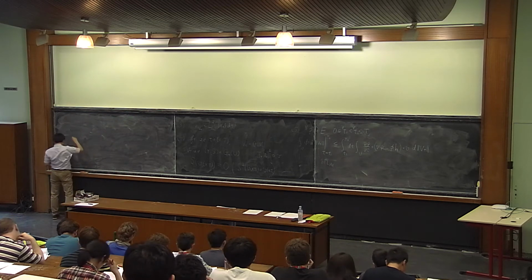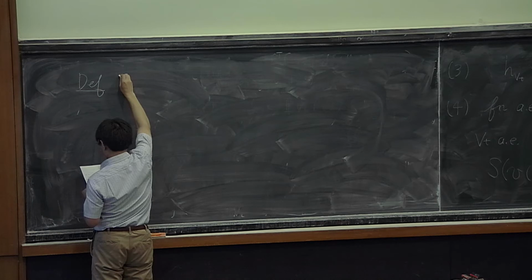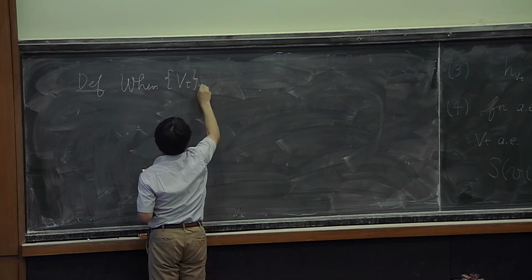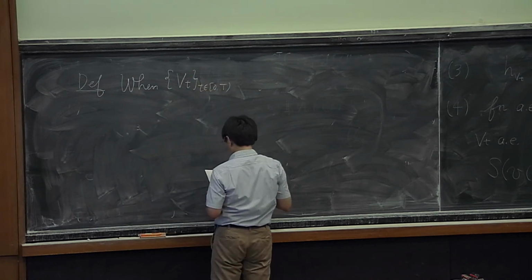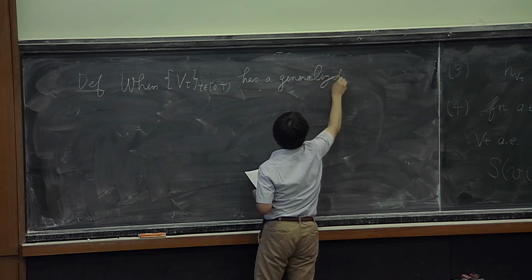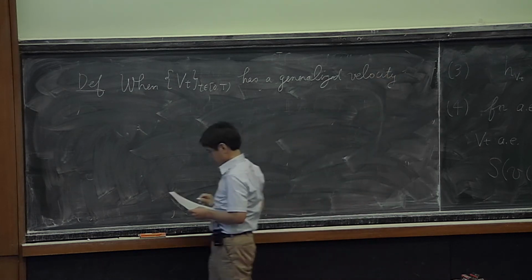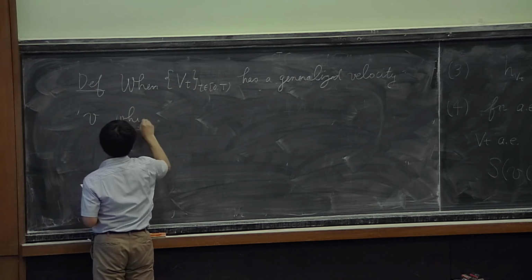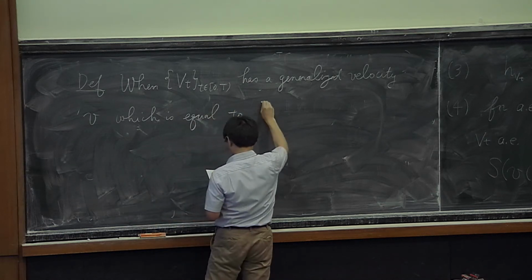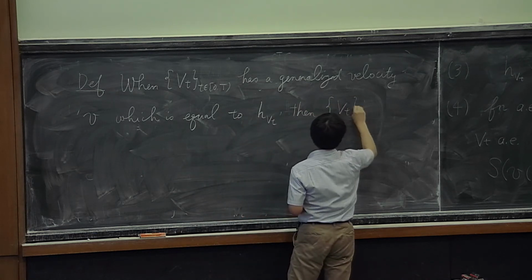So the definition is: when this family of varifolds has a generalized velocity v, which is equal to the mean curvature, then this Vt is called Brakke's mean curvature flow.